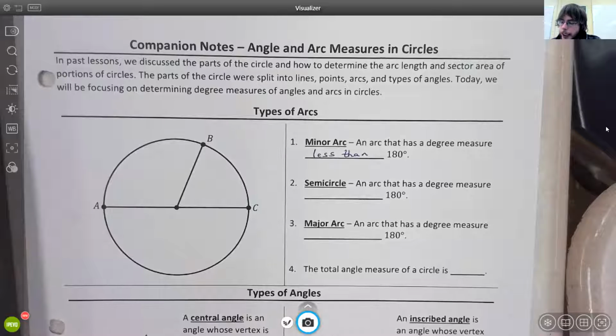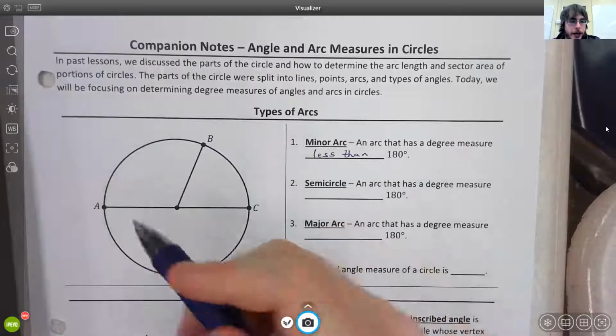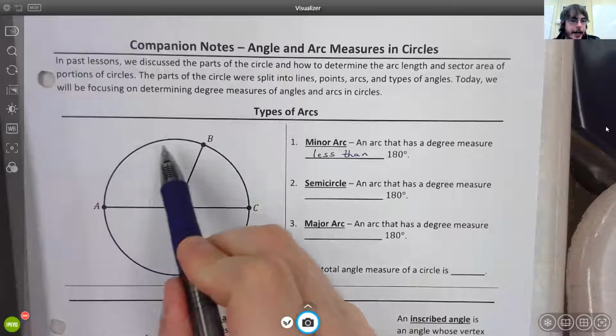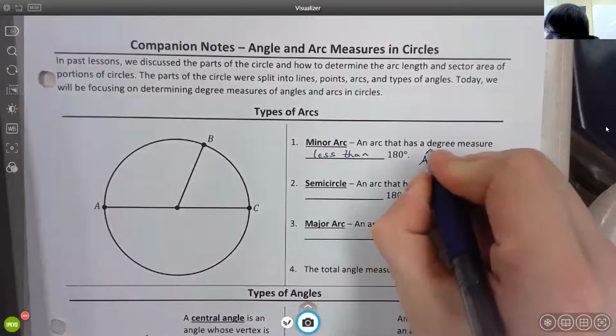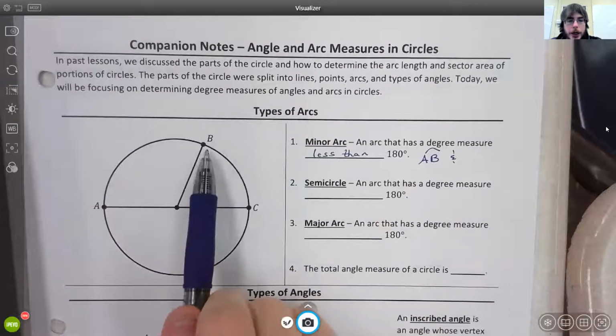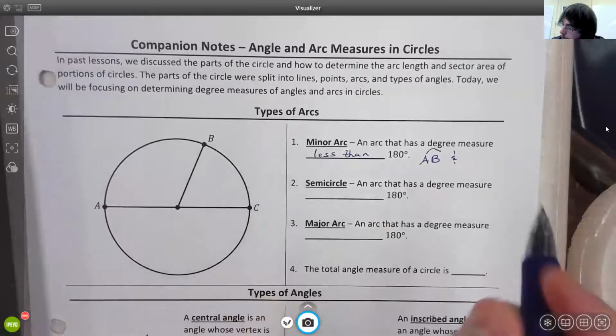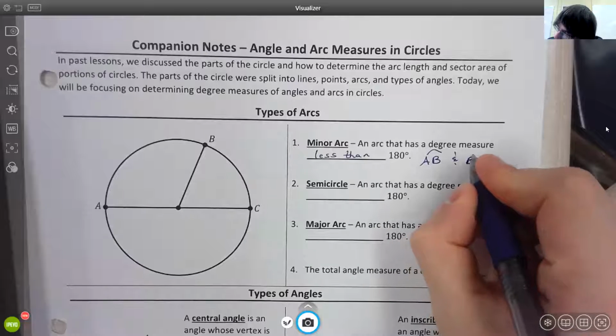Do you see an arc that would measure less than 180 degrees? You should see that there are two of them in this diagram. The first is AB or BA, so arc AB, and the second one would be arc BC. Okay, so arc AB and arc BC.